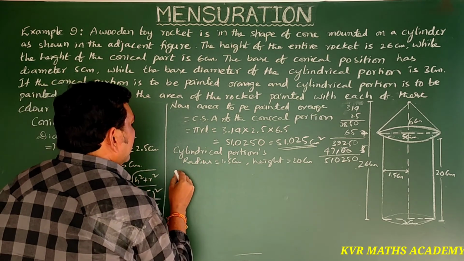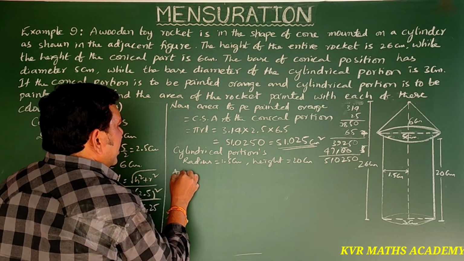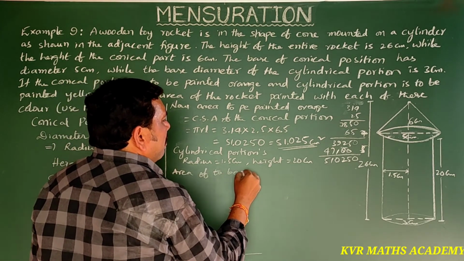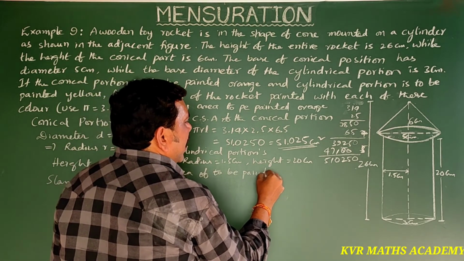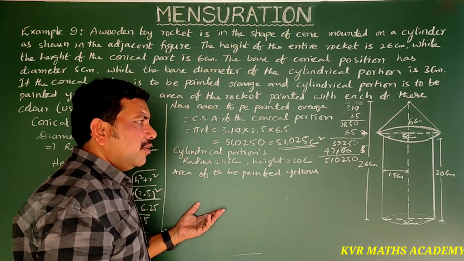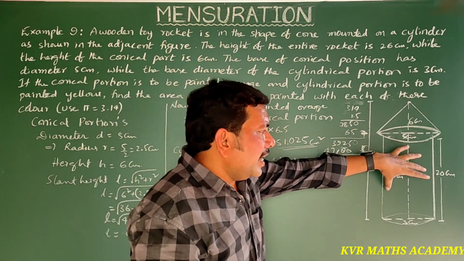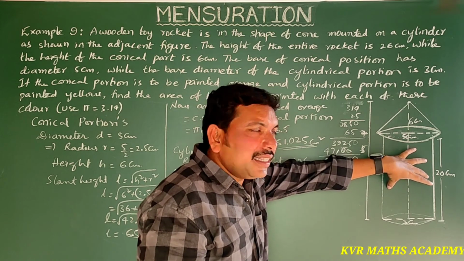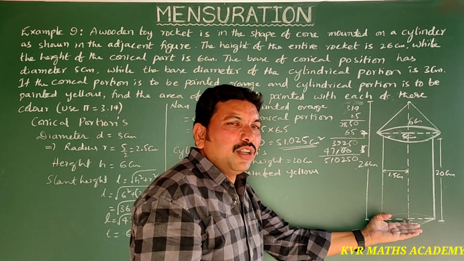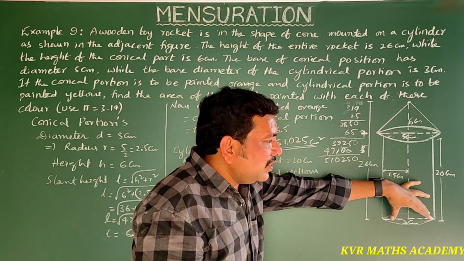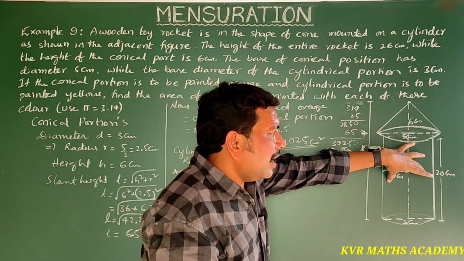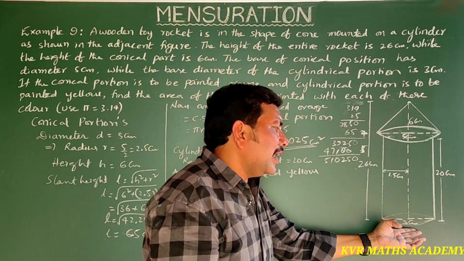Now the area to be painted yellow is actually the CSA of the cylinder plus the area of the circle. This is the toy, so the bottom of this toy also we have to paint yellow. So that's why CSA of the cylinder plus area of the circle.